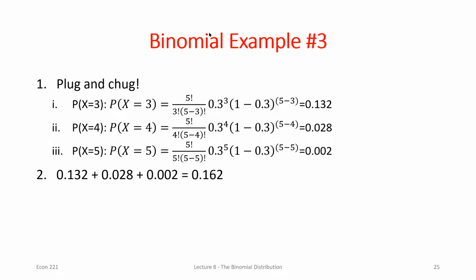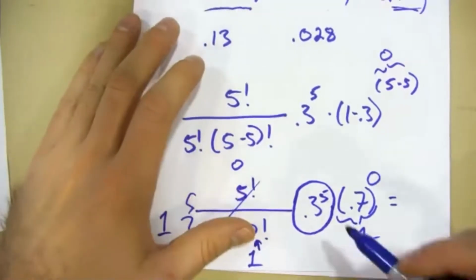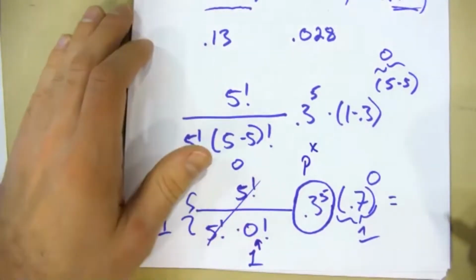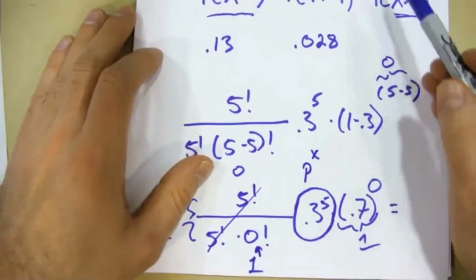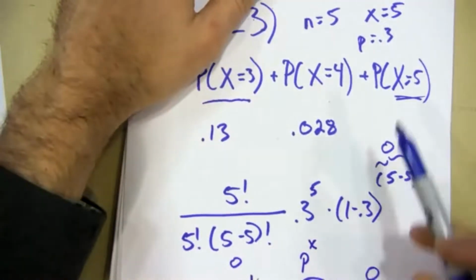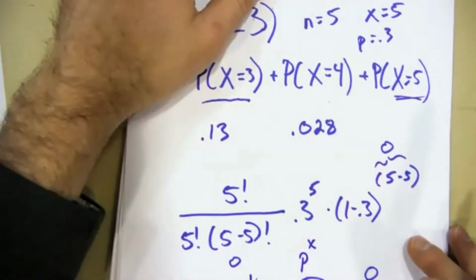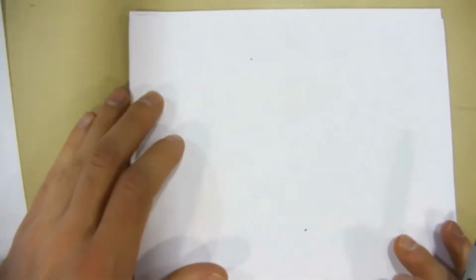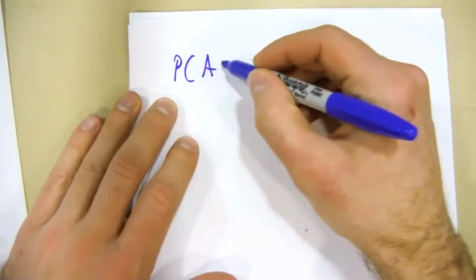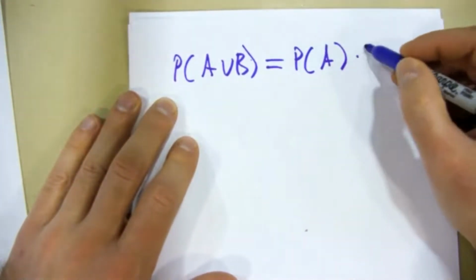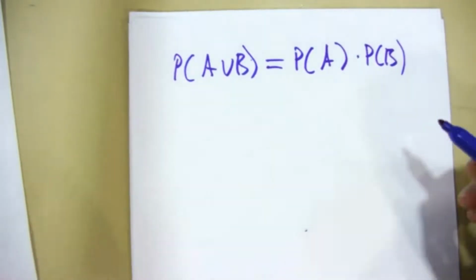Now, going back, this simplified down to basically just the probability of success to whatever number of successes I was looking for. And that only was the case when the number of successes was equal to the number of trials. So this was the idea, if you can remember, we talked about the probability of A and B. If events are independent, that should just be the probability of A times the probability of B, right?